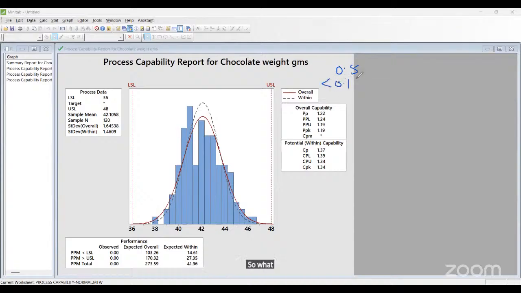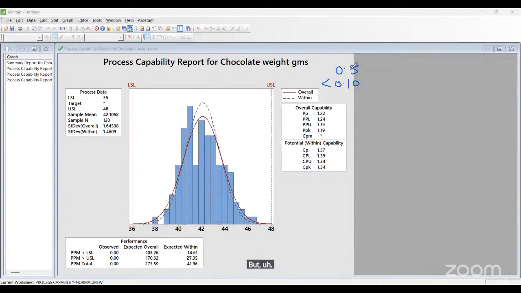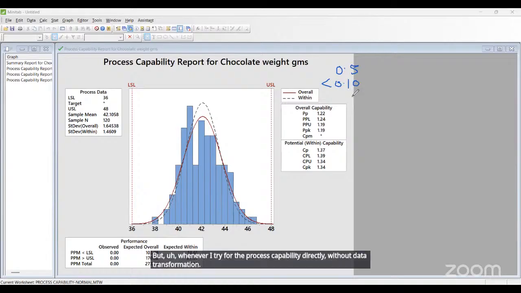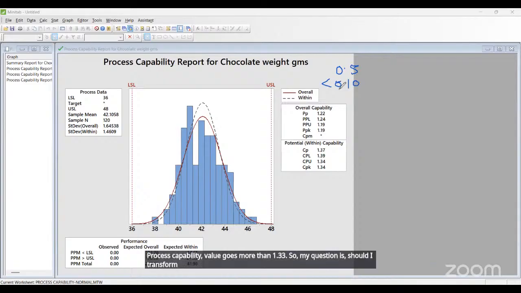Whenever I calculate normality, it shows less than 0.05. But when I try process capability directly without data transformation, the value goes more than 1.33. So should I transform the data or go directly for process capability without transformation?